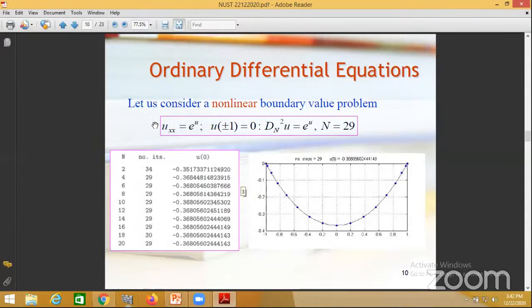Similarly, if we apply the method to this non-linear boundary value problem, we have achieved an accuracy of 15 decimal places with respect to the exact solution by choosing only n is equal to 29 grid points. It means that the spectral methods are very good and they are highly accurate.